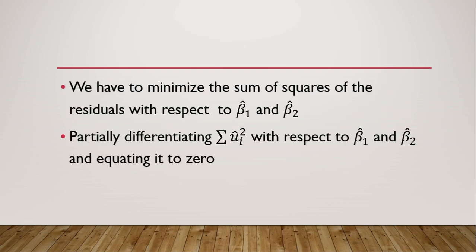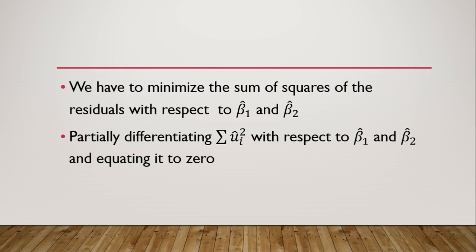So we have to minimize the sum of squared residuals, sigma ui hat square, with respect to beta 1 hat and beta 2 hat. In order to do that, we have to partially differentiate sigma ui hat square with respect to beta 1 hat and beta 2 hat.